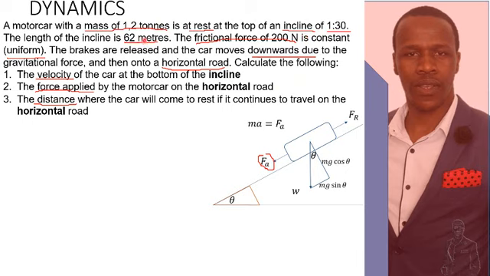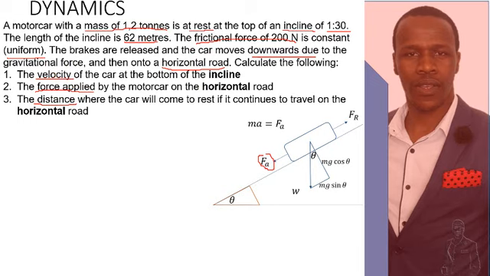So we have u, we have s, we need v, we need t, we need a. I think t is hard to find, but a, we can find. So since we can find a easier, we can use the formula that has v, u, s and a.